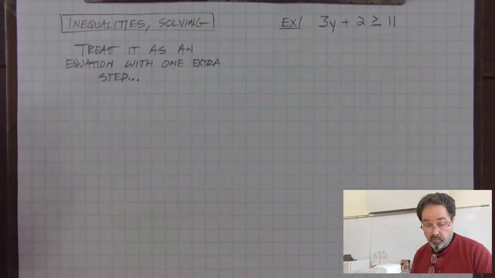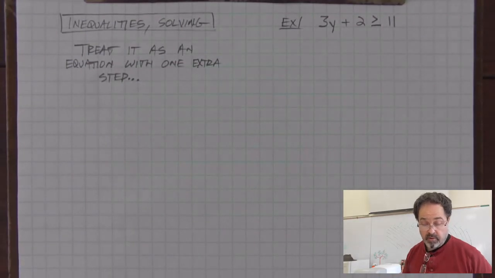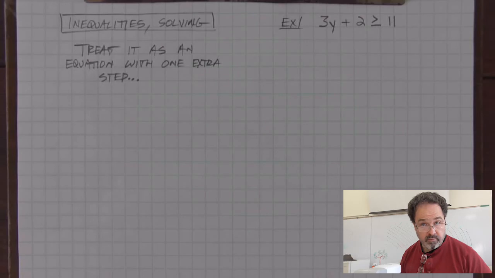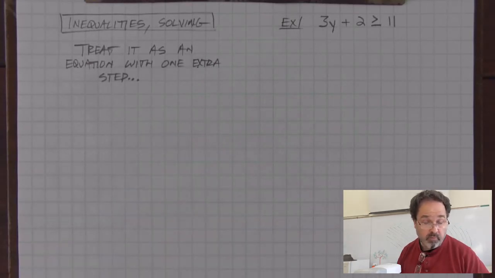And if we recall, we solve equations by undoing operations with their inverses and remembering that what we decide to do to one side, we must do to the other. And through a process of undoing all the things that are being done to our variable, we'll eventually get the variable by itself.